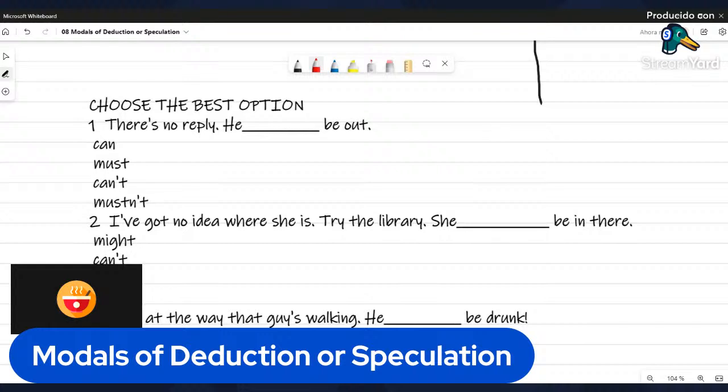Okay, so take some time. Write your answers on a piece of paper. Let's see if you guys can get it. You can write the answers as I told you on a piece of paper. Okay, I can see some people are answering.